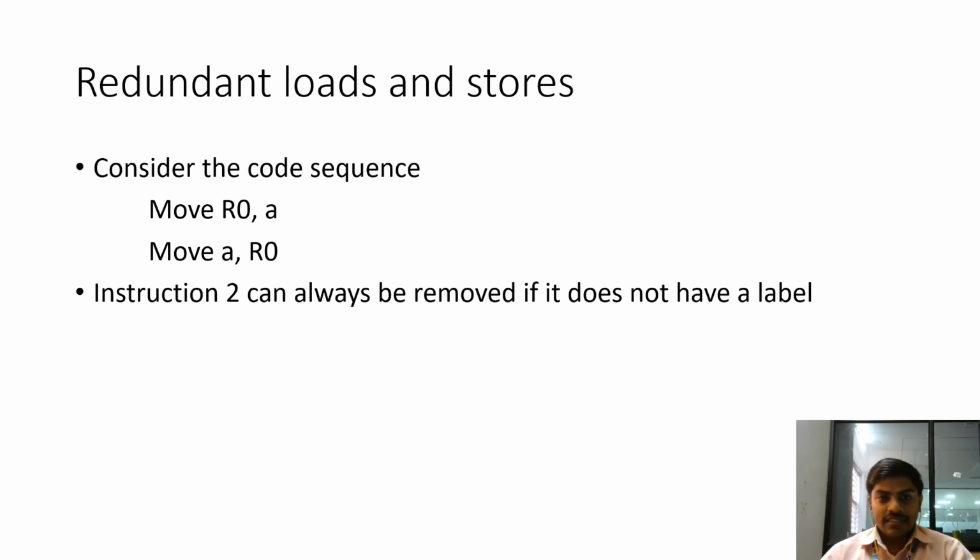These are unnecessary redundant instructions, so one of the instructions can well be removed. The actual data is already in the register, and we move it to memory, and from memory we again move it to register for performing the operation, so we can avoid the second instruction so that the code is optimized.